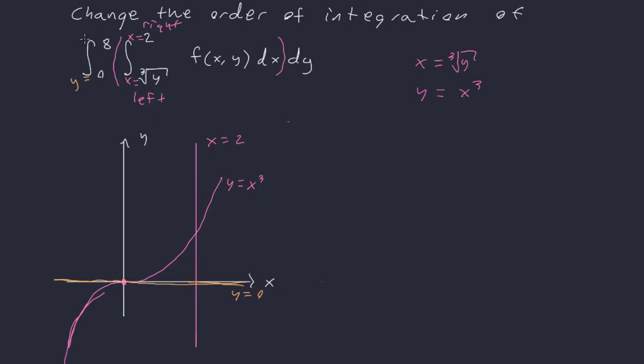Okay, and then y equals 8 is another horizontal line, and it turns out that when x is equal to 2, right, here is x equals 2. When we plug x equals 2 into here, we get out 8. Okay, so here's that horizontal line.